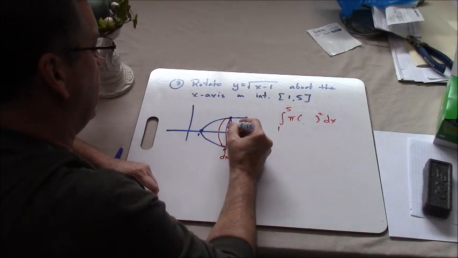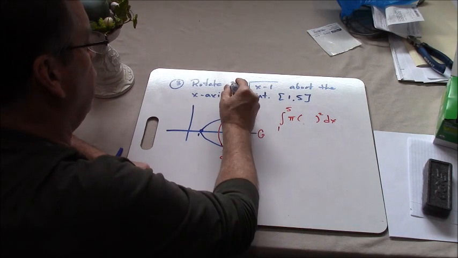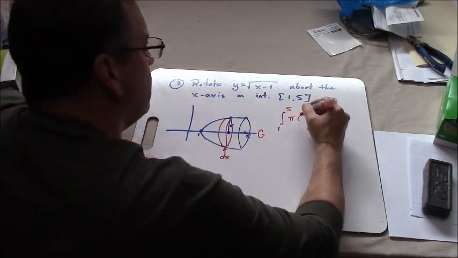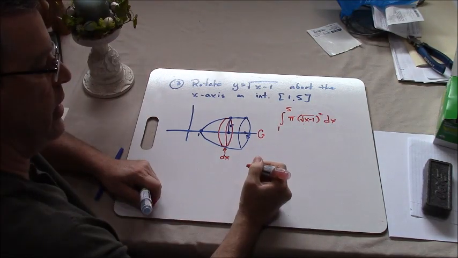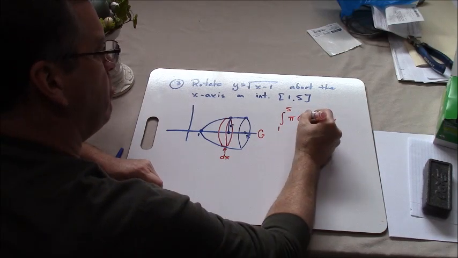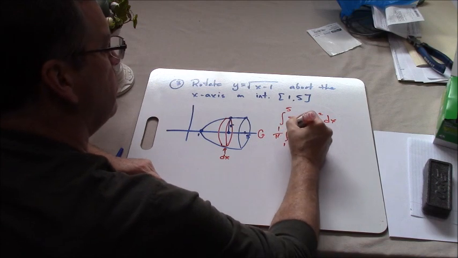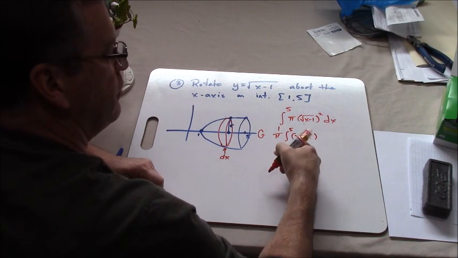And so if I think about that, it's just a y value. And y is equal to the square root of x minus 1. So that's what I want in my equation right there. When I square that square root, I come right back to just x minus 1. So I've got pi times the integral from 1 to 5 of x minus 1. Don't forget your parentheses here.